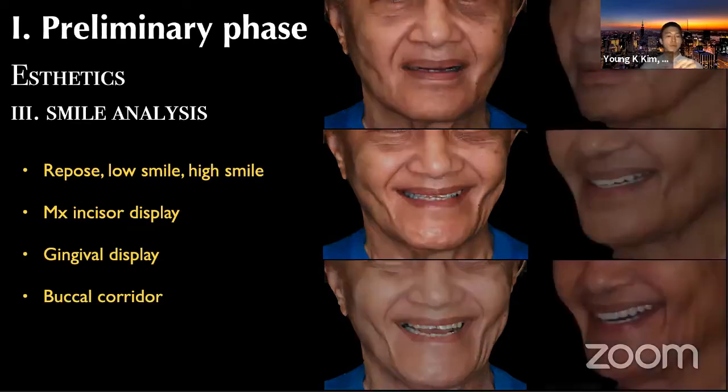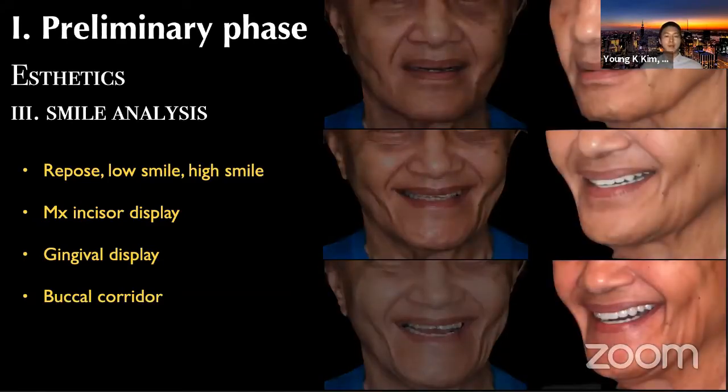Because if you don't do those analyses of the aesthetic smile, there's no way you can reach the point where you have a successful aesthetic rehabilitation. So I think it's critical to do those systematic analyses in order to put yourself in the right direction.